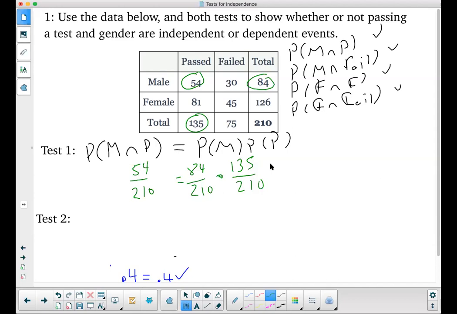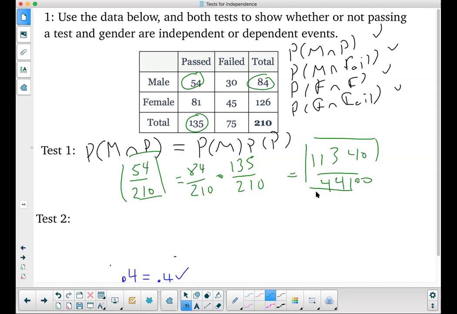So let's do this. 84 times 135 is 11,340. And 210 times 210 is 44,100. So we want to see, do these fractions equal one another?